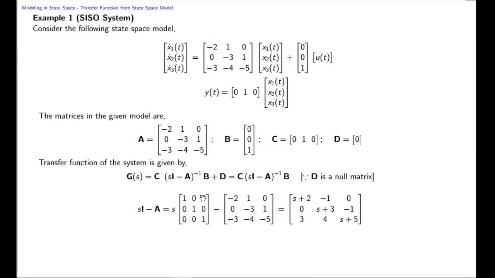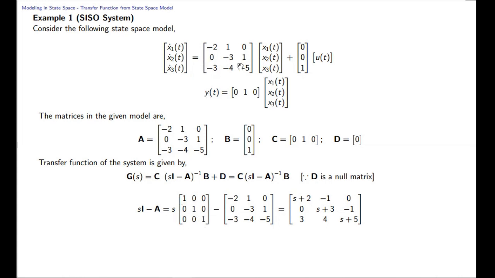and this I is an identity matrix. See, the size of the identity matrix depends on the size of this matrix A. Since the A matrix here is of the order 3 cross 3, I am taking an identity matrix of the order 3 cross 3.